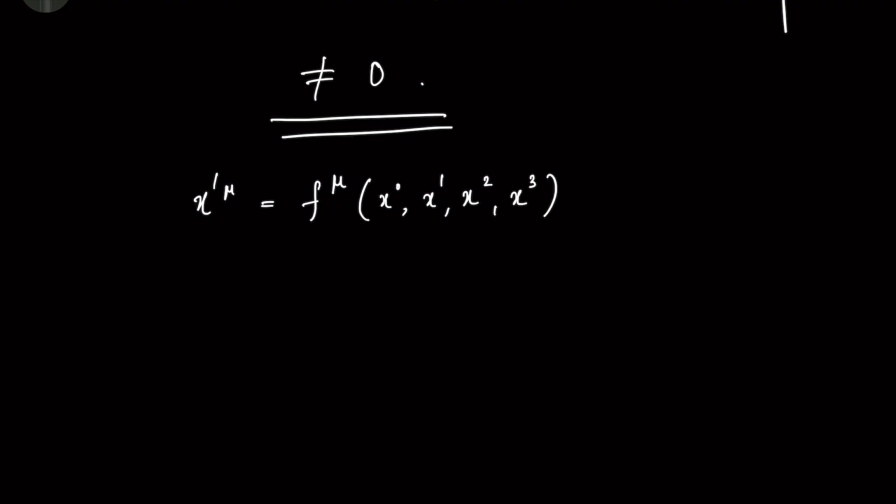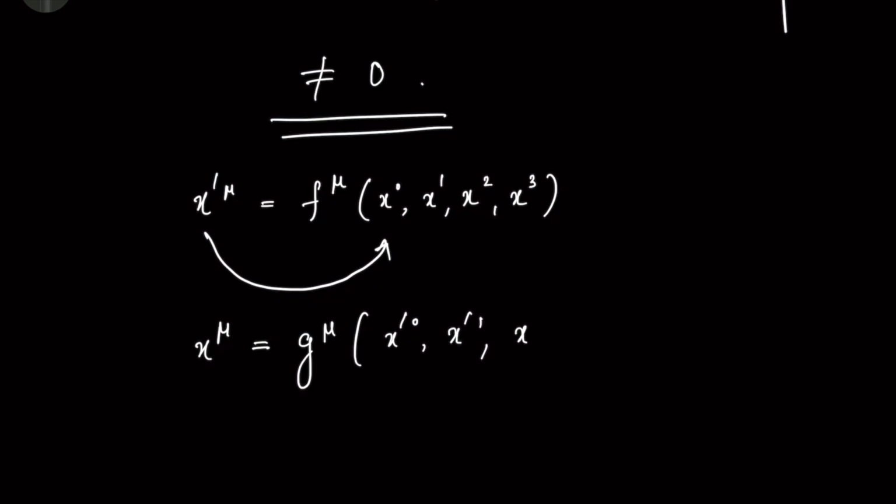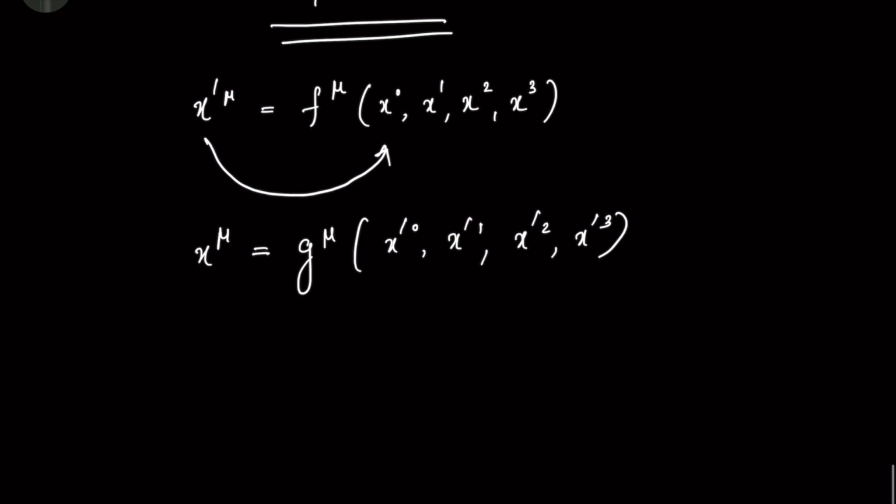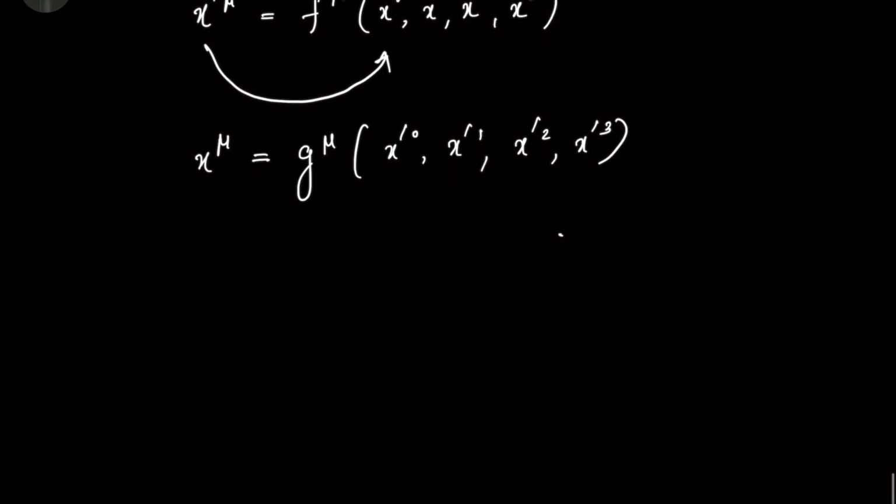So in the inverse case, I have to write x mu in terms of the primed quantities. For that I use g mu of x prime 0, x prime 1, x prime 2 and x prime 3. Okay, so this is the inverse transformation.